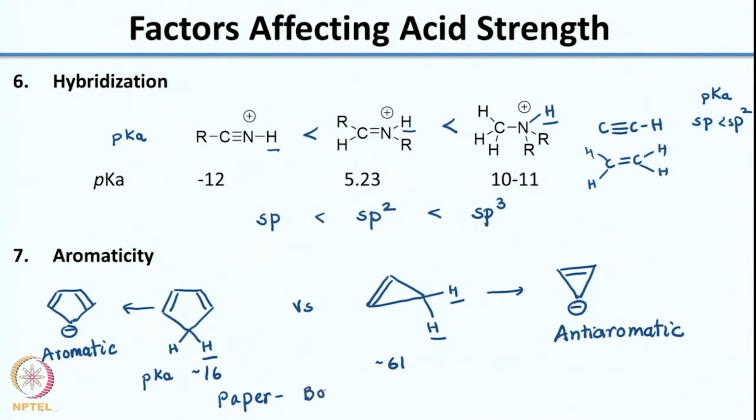You can look up this paper by Bordwell which compares the pKas of organic acids. This gives you an extensive list of pKas of several organic acids in water and DMSO. Mainly you would see that the pKas are measured in DMSO.